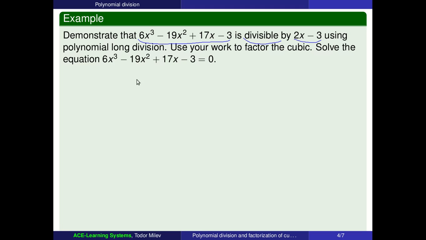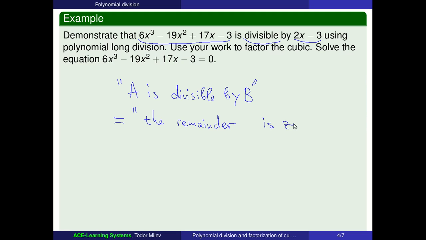So saying that A is divisible by B is the same thing as saying the remainder is 0. The remainder of what? Remainder of the polynomial division.